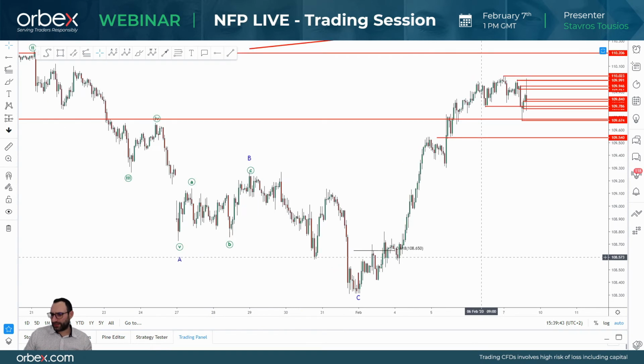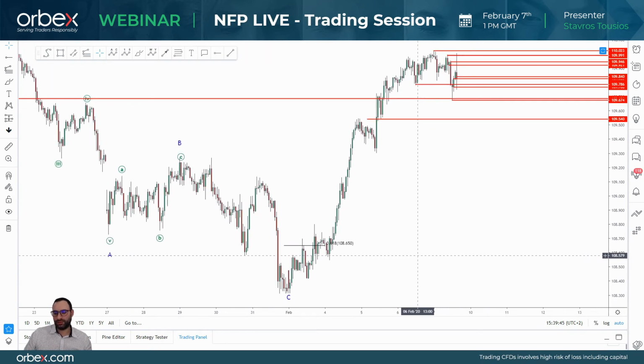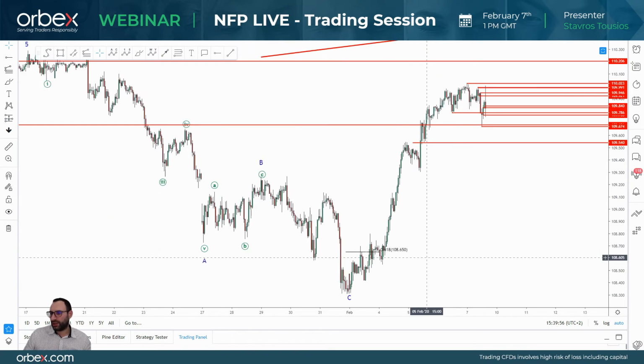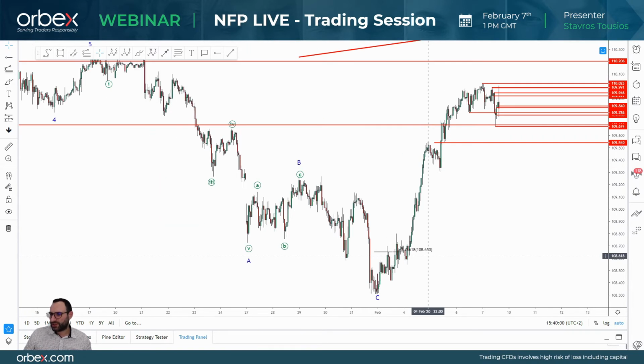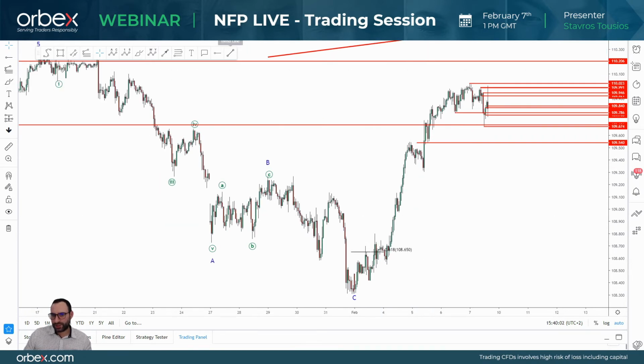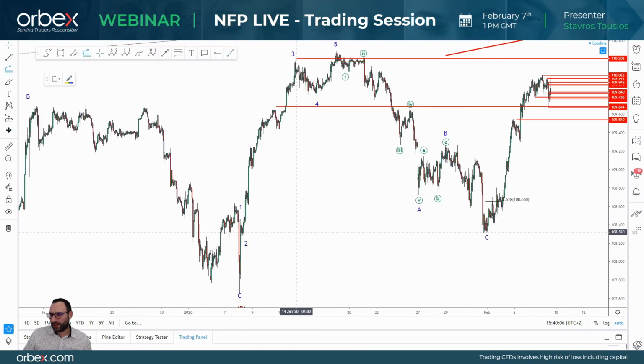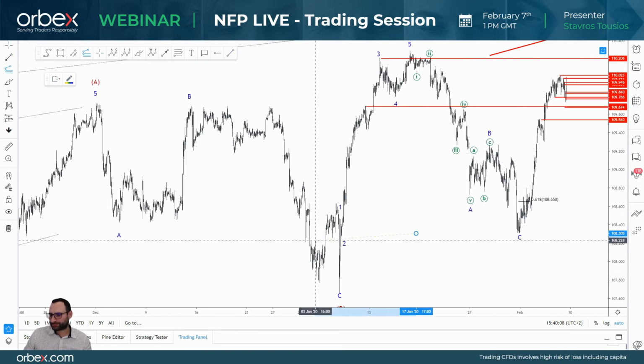Now, this is when you could potentially start using any other sort of analysis that you use. Particularly, it could be Elliott waves, it could be Gartley patterns, it could be a momentum strategy, it could be a swing strategy, whatever it is. I am interested in Elliott waves, as you probably know already, and looking at dollar-yen.